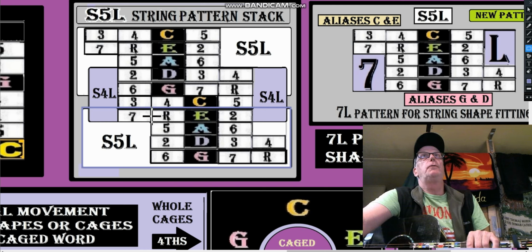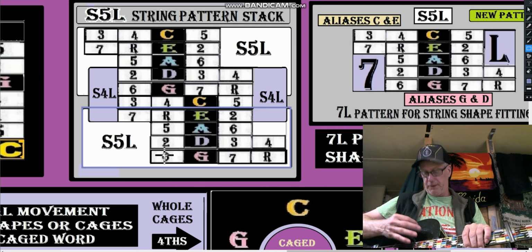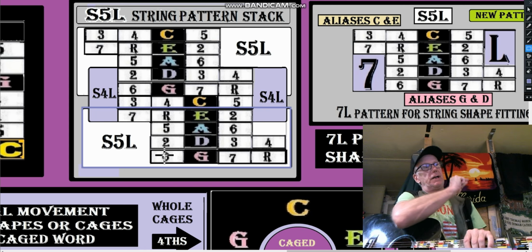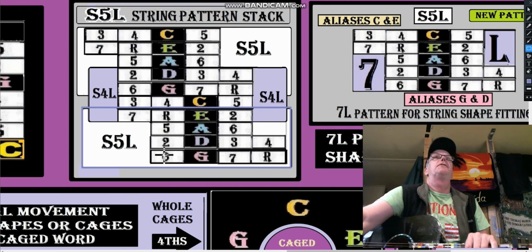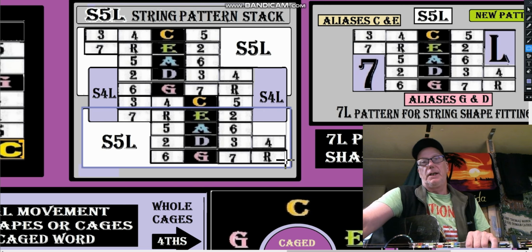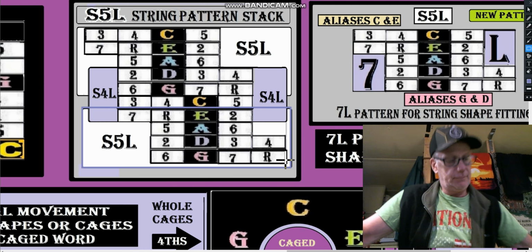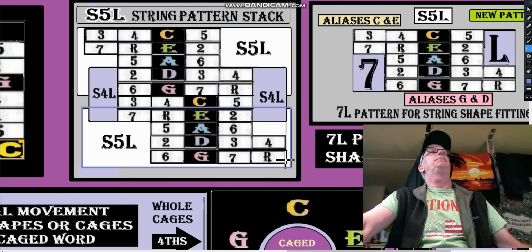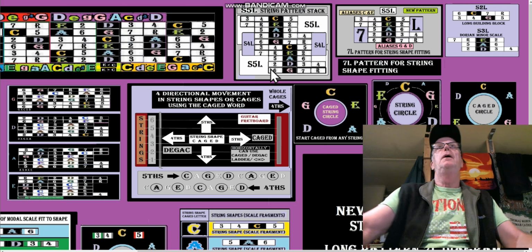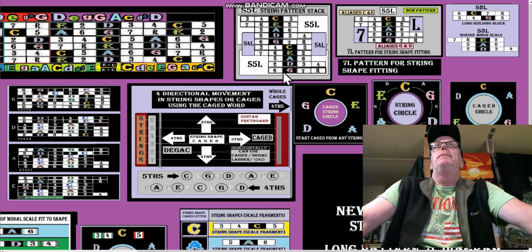You know you're going over 1 to make that 7. It's just like making a letter, like when you're in first grade, drawing a 7. It's got a bar on top. Well, you have to go over for that 7, and then the L has the foot like that. And that's what makes that work. That's pattern shape fitting. So, sorry we kind of zoomed on to the next subject there.